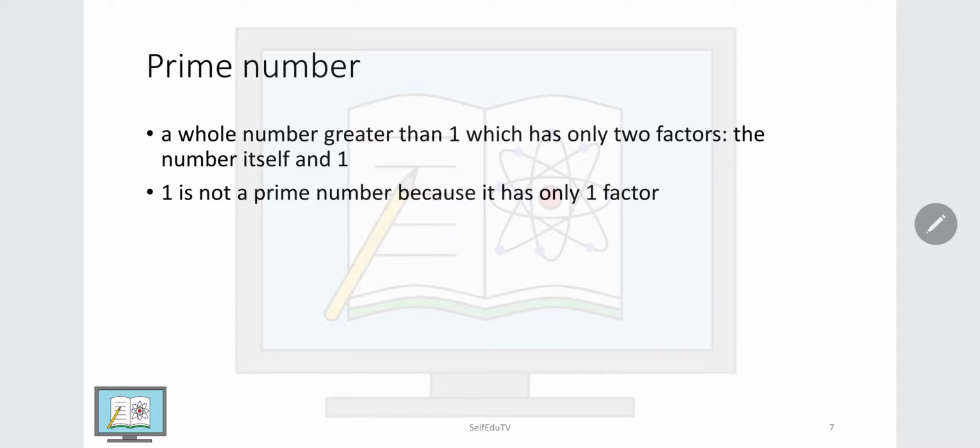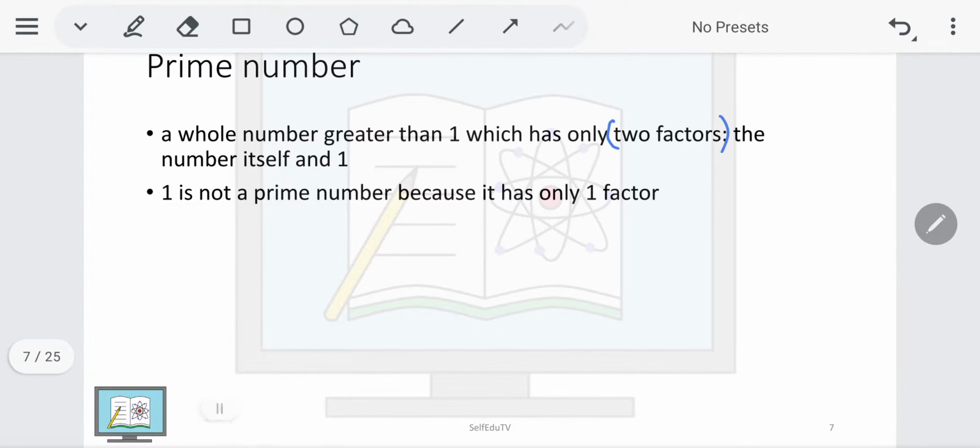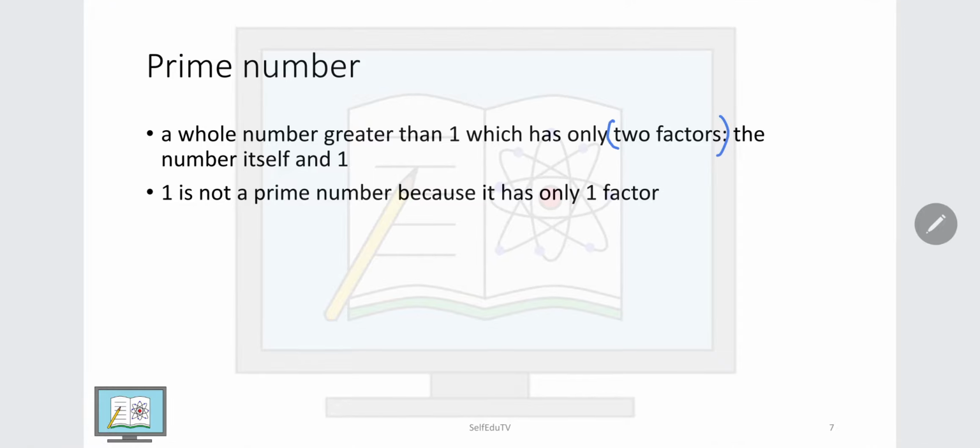What is a prime number? A prime number is a whole number greater than 1 which has only 2 factors: the number itself and 1. So take a look at number 2. The very first prime number is 2. It can be written as 1 multiplied by 2 only.